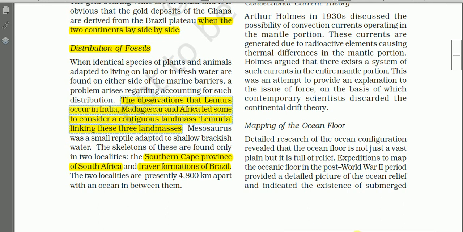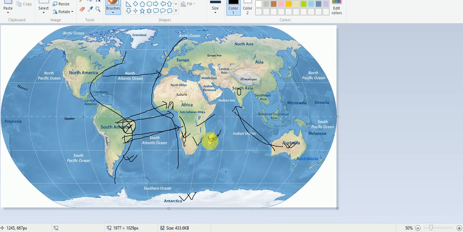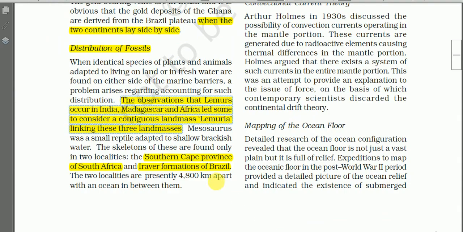See here, lemurs occur in India, then Africa, and Madagascar. It means all these land masses, Madagascar island, India, and Africa, were joined together.